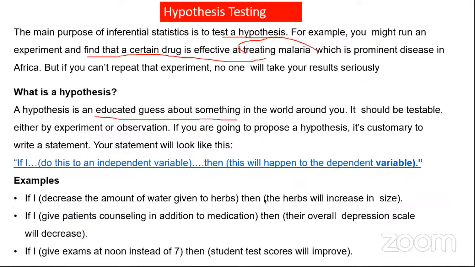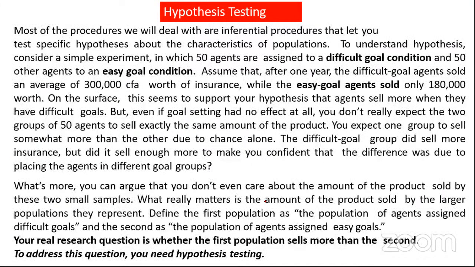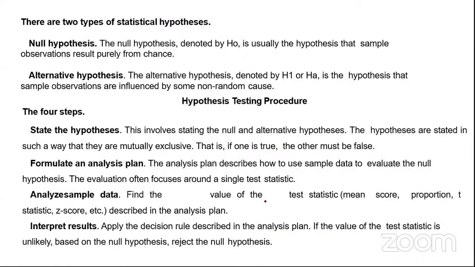So generally, we have two types of hypotheses in research. We have the null and the alternative hypothesis. Now, the null hypothesis, which in most cases is denoted as H0, is usually what prevails purely from the sample. What we think will prevail from the sample by chance.